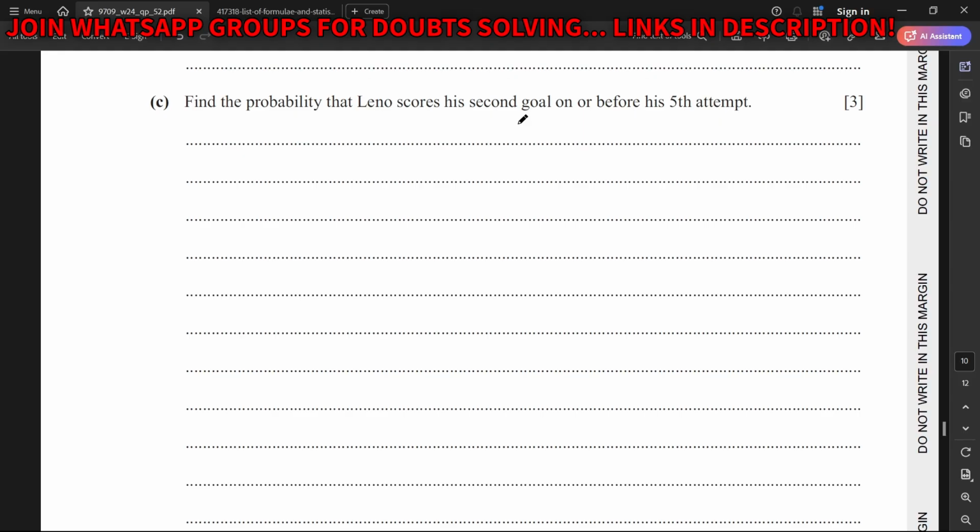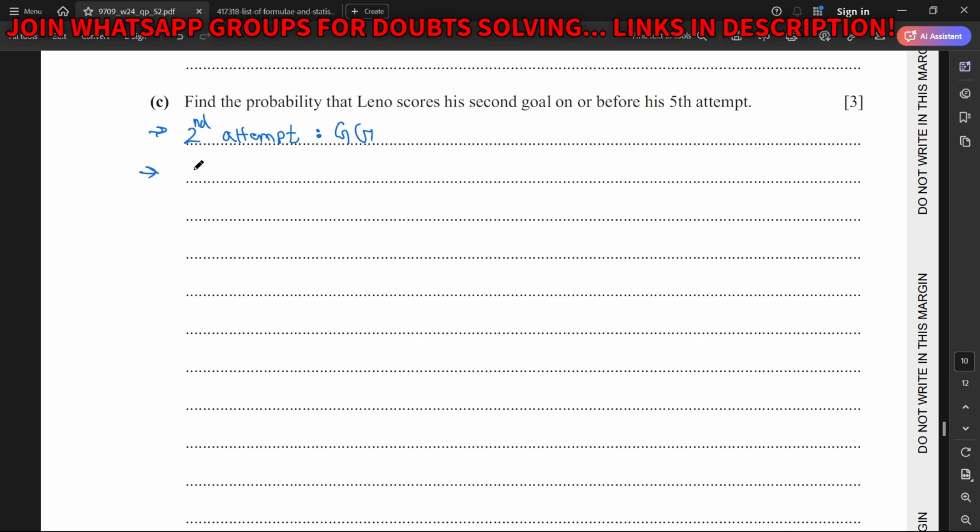And before that, I can score goal in any of the previous attempts. So for example, if I have to explain this, for 2 attempts, if the second attempt was my second goal, then it basically means in the first attempt, I must have a goal so that on the second attempt, I'm having my second goal.